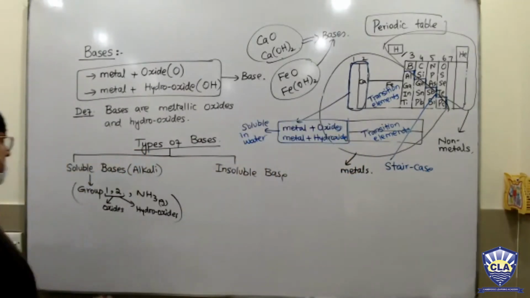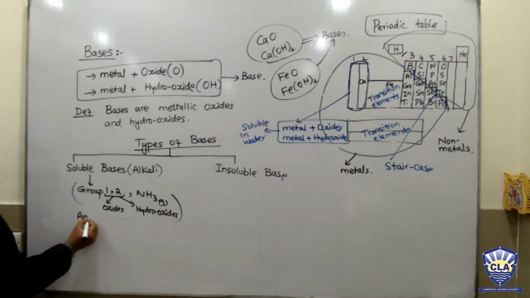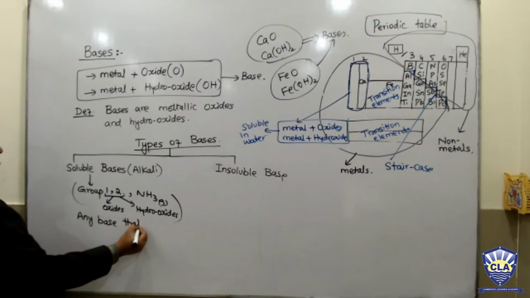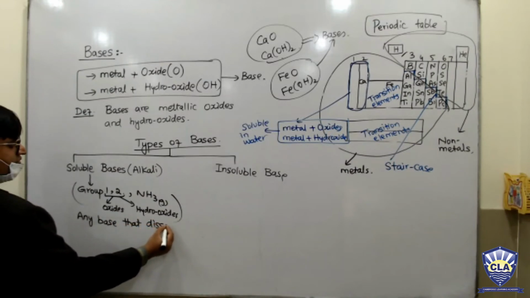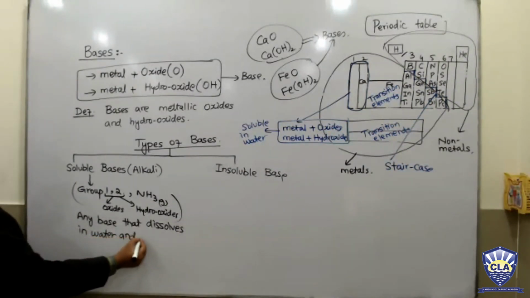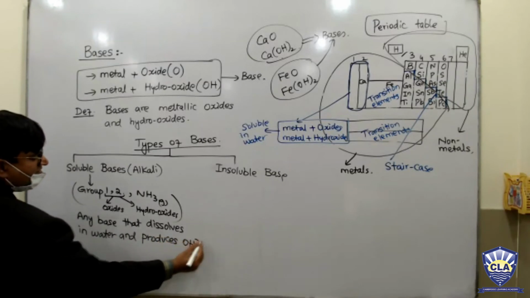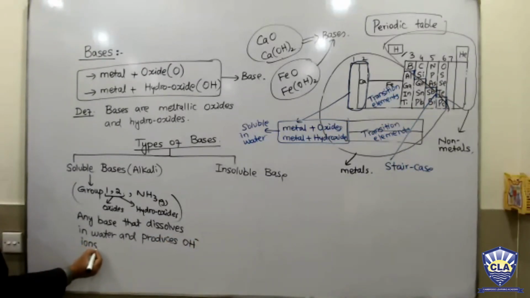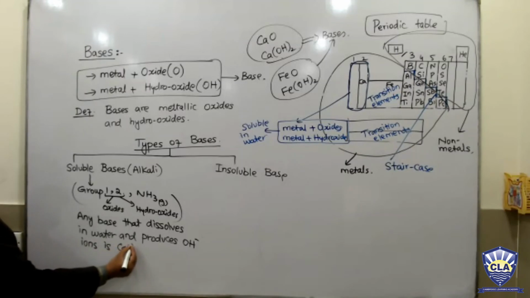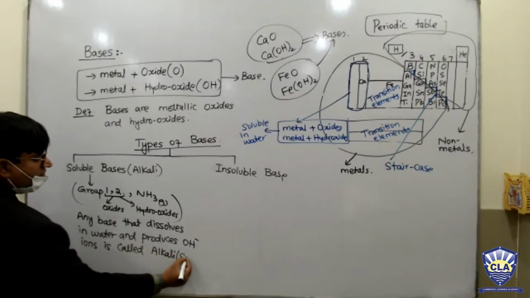Keep remembering, if you want to define a soluble base: any base that dissolves in water and produces OH minus ions is called an alkali or soluble base.